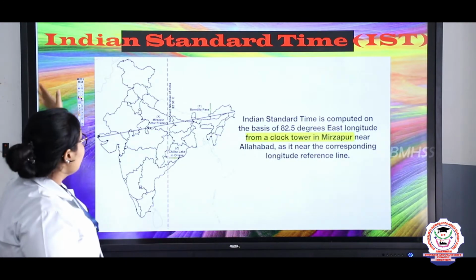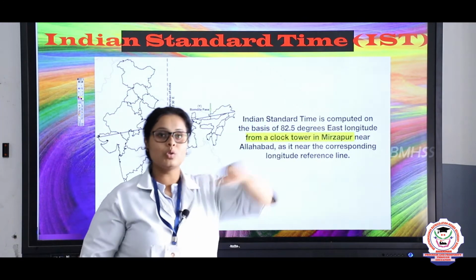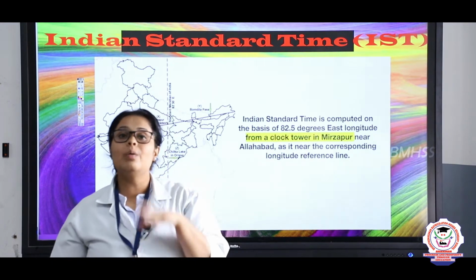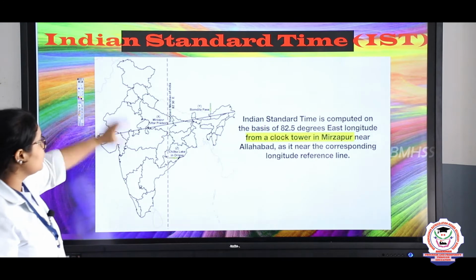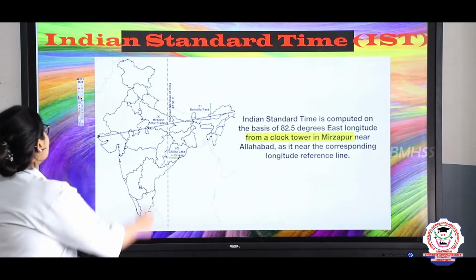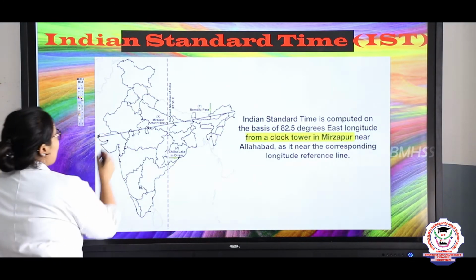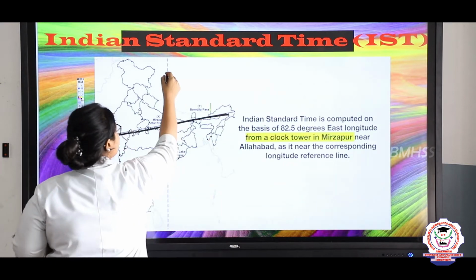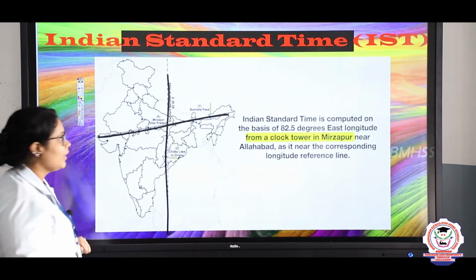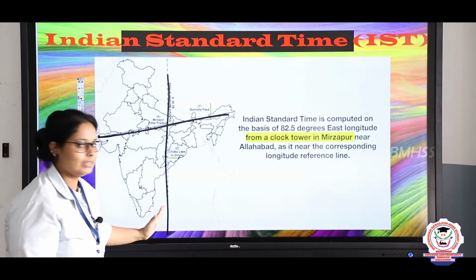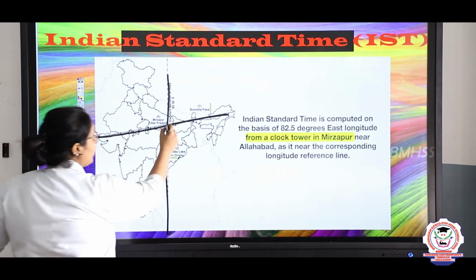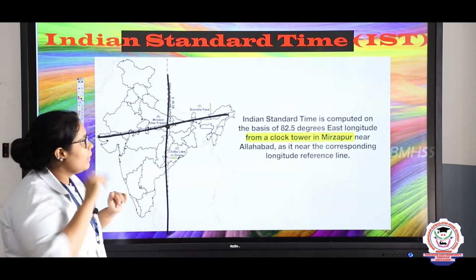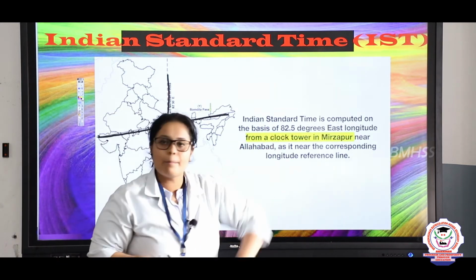Now see children, Indian Standard Time. So how can you tell in India what is the particular time? Here in this India map, you can see that there are 2 meridians. One is the longitude and the other is latitude, right. At the point where they meet, the place name is Mirzapur.